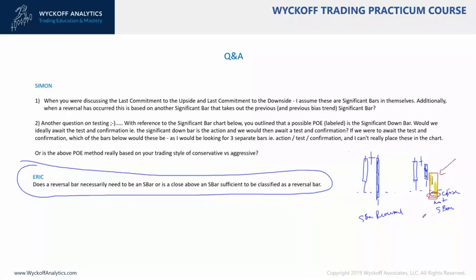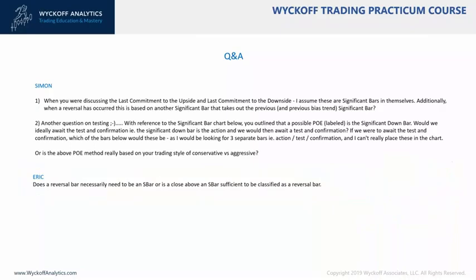So then we could say that indeed we have committed to the downside. I would be looking for those types of situations where maybe there is no commitment on a single bar, but both bars have the characteristics of semi-significant bars, right? So there is still a progression to the downside, and every time there is at least some commitment above the previous low of the previous bar. Then we can combine them.